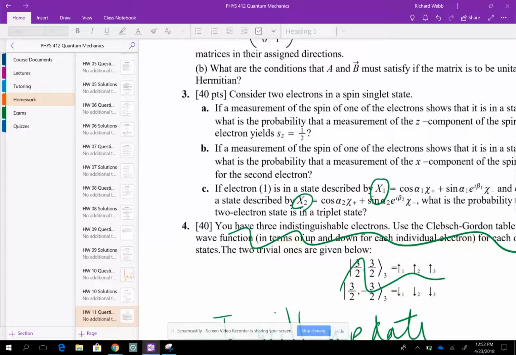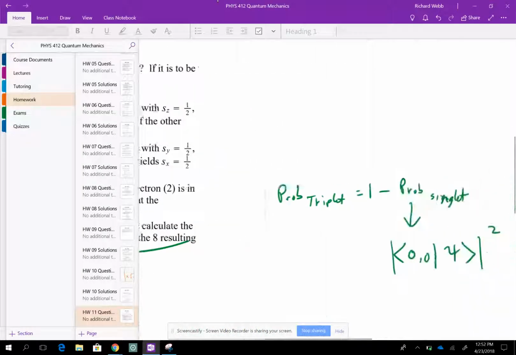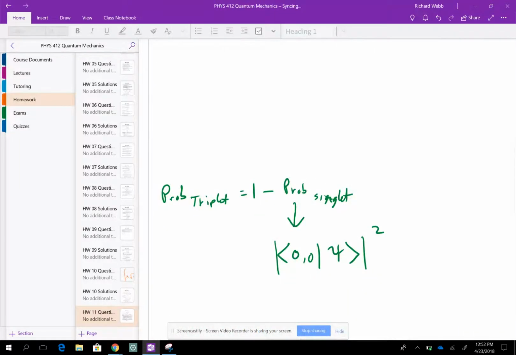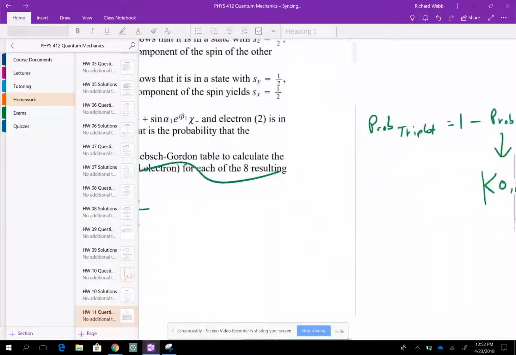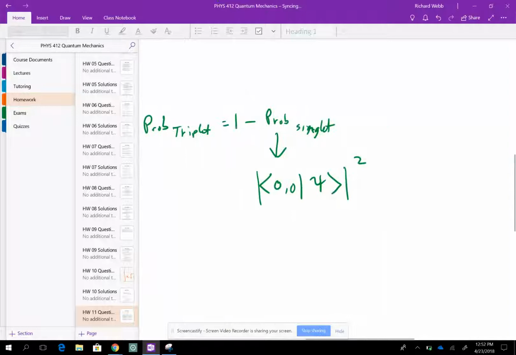And because it tells us the 2 electrons are in a spin singlet state, then we know that our state is that.